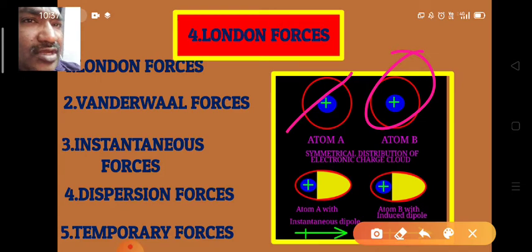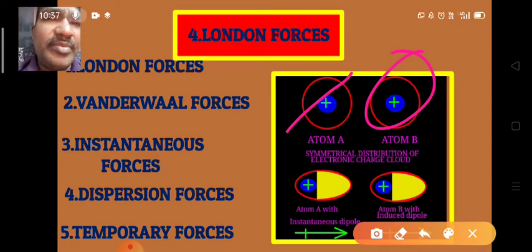But due to the conditions, that means at high temperatures, low temperatures and high pressures, suddenly the nucleus of the atoms may be pressed to one side. As a result, these atoms or molecules lose their symmetry. The nucleus goes to one side and the electronic cloud moves to the other side.